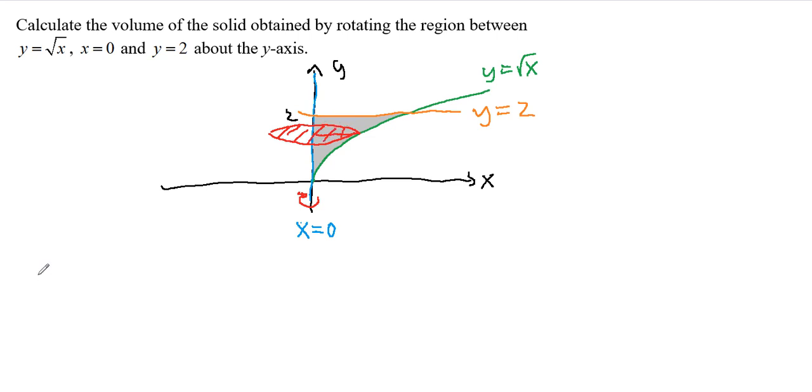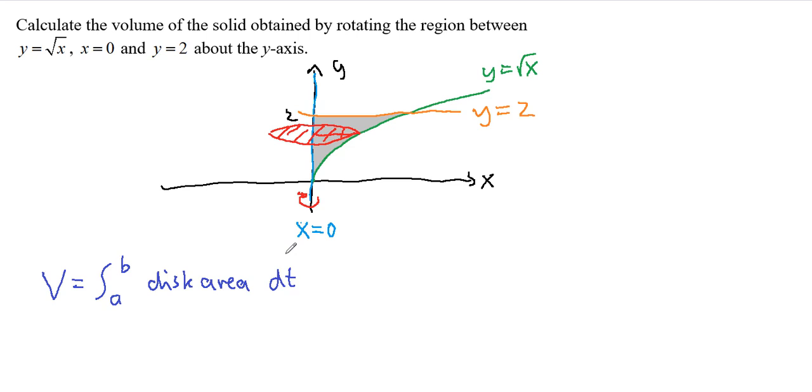Let's remind ourselves that in general the volume of a solid of revolution with the disk method is found with the integral from a to b of the disk area integrated with respect to a suitable variable.